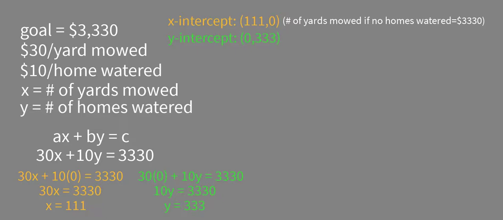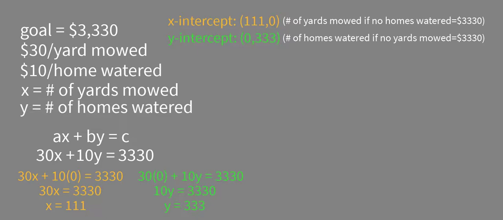The Y-intercept, and again this is if no plants watered, is the number of houses where plants were watered, again, to get to that $3,330, granted that no yards are mowed.